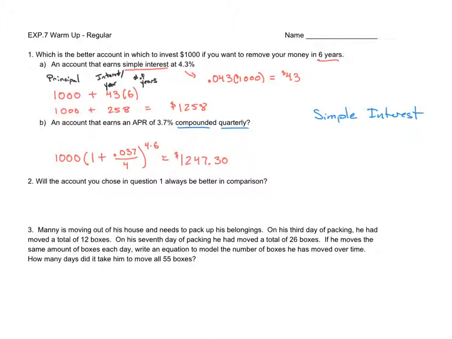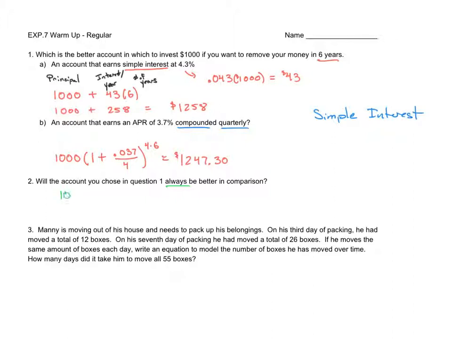Now the second question asks you to determine if the simple interest account that we said is better for part 1 is always going to be better. So we need to look at the differences between them over time. We know that we earn $43 every year in simple interest, but if it says always, that implies, what if we leave it in there for longer than 6 years?